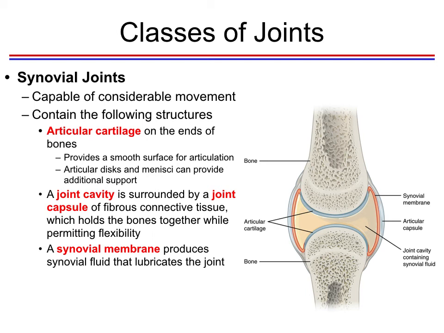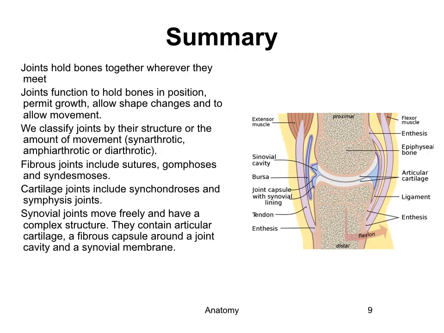And then the synovial membrane, which is a connective tissue membrane that lines the inside of the joint capsule and secretes a lubricating fluid. Your knee, elbow, ankle joints, the joints between your fingers, these are all synovial joints. And these are the joints we think of. They're the joints that, when we grow old, suffer from arthritis. These are the most common joints. All freely movable joints are synovial joints.